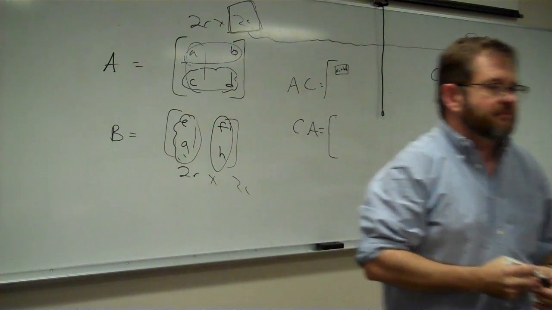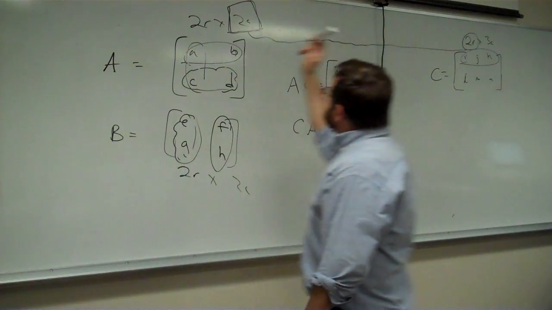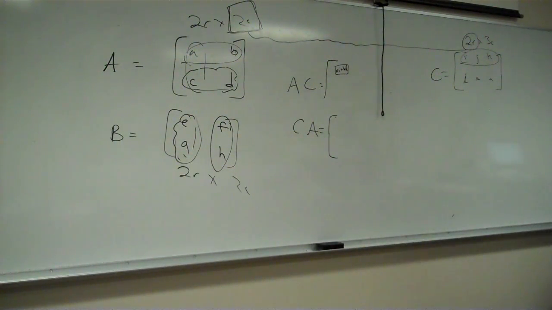It doesn't work. So some sizes work and some don't. You can do the product if the number of columns in the first one matches the number of rows in the second, then it will be fine.